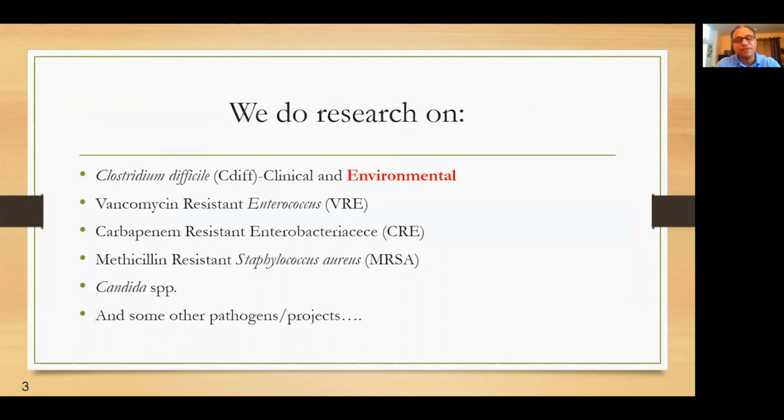We try to do everything about C. difficile. Other than that, we have research on vancomycin-resistant enterococcus, carbapenem-resistant enterobacteria (CRE), MRSA, Candida, and other pathogens. But today's talk will mostly focus on environmental aspects of Clostridium difficile.